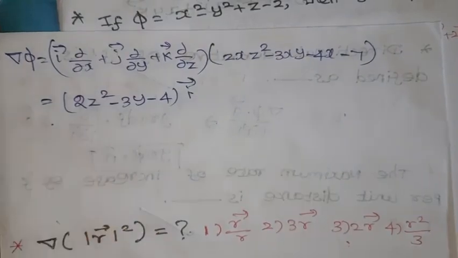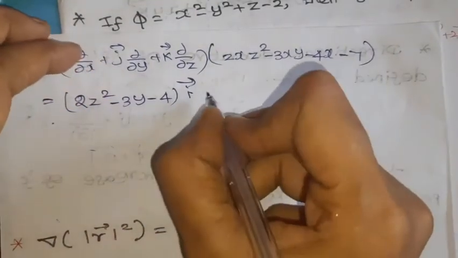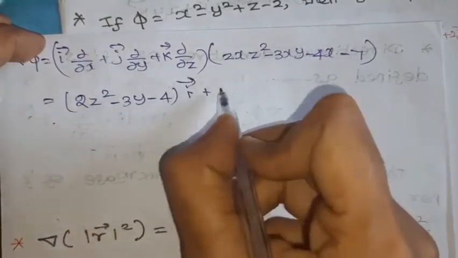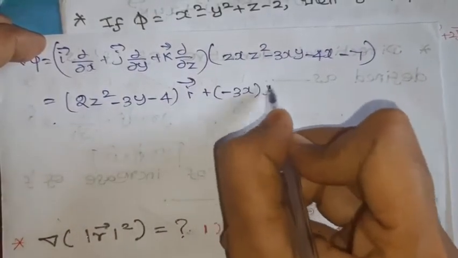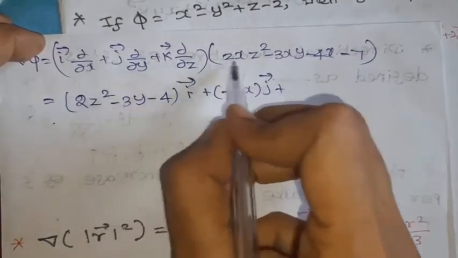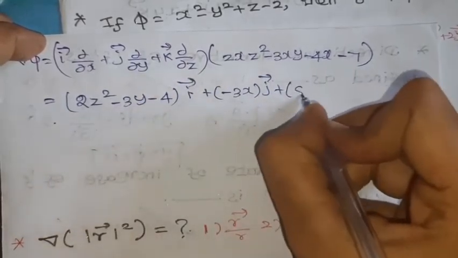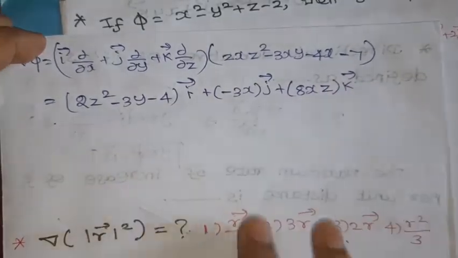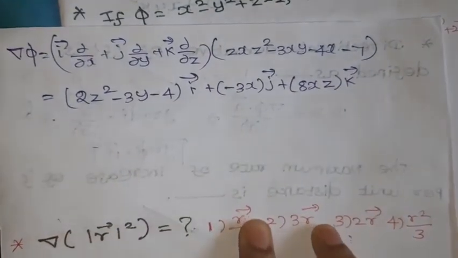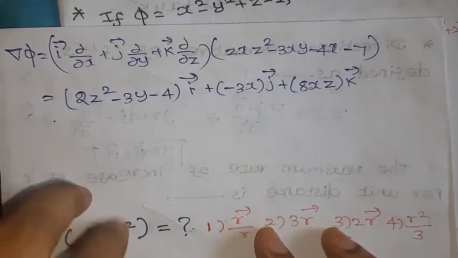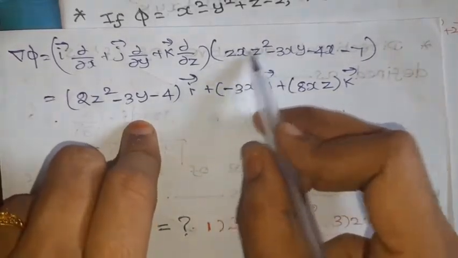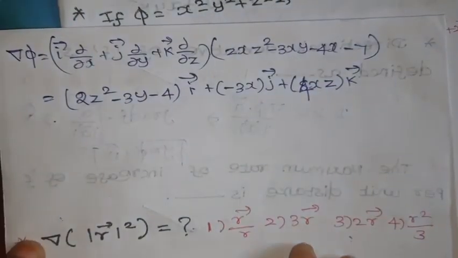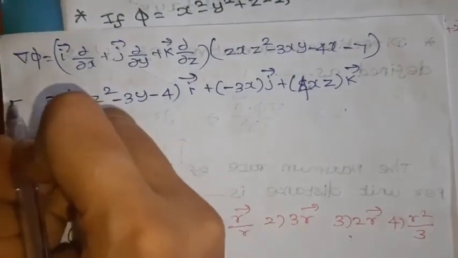Then plus ∂/∂y of this only, so minus 3x into j vector, plus ∂/∂z of this, 4xz into k vector. So this is del phi.